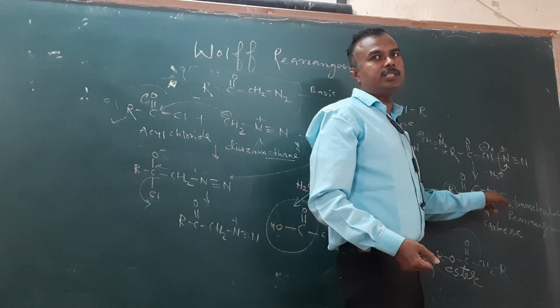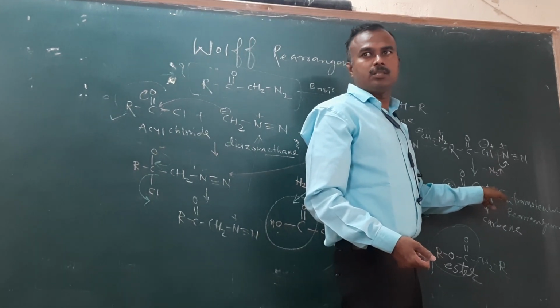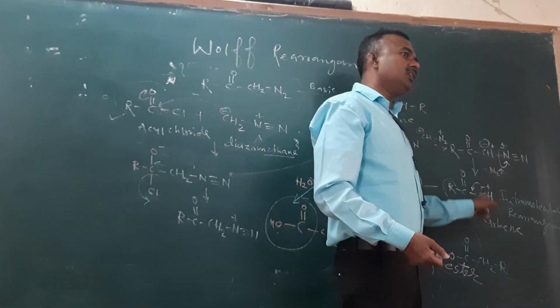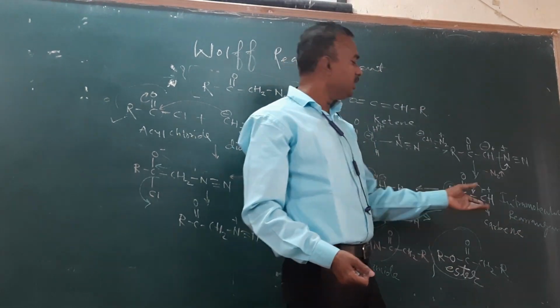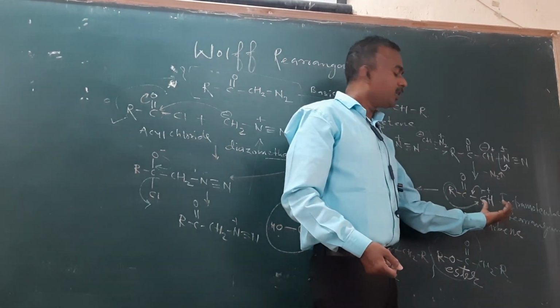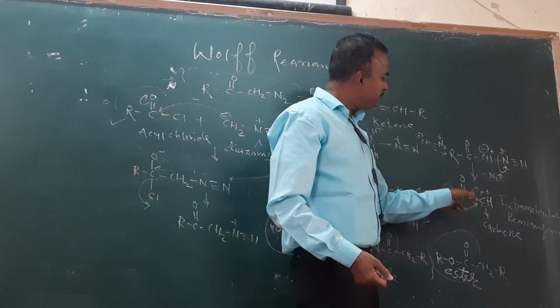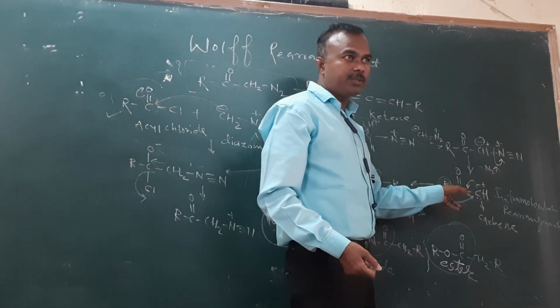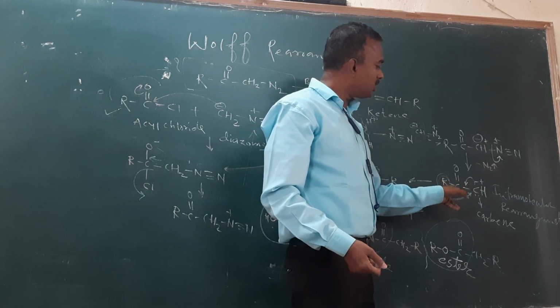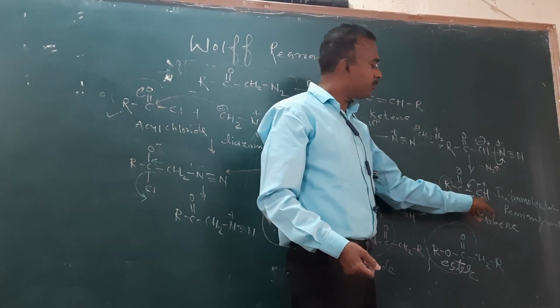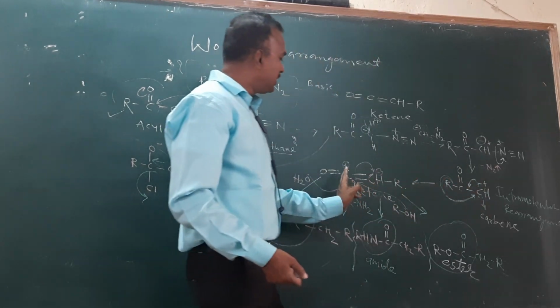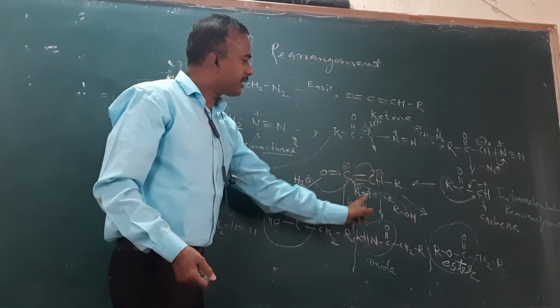So this carbon is called the no charge carbon, and this functionality where the carbon carries a pair of electrons is called the carbene. So in one step, this electron migrates toward the carbon, and you will generate a ketene.